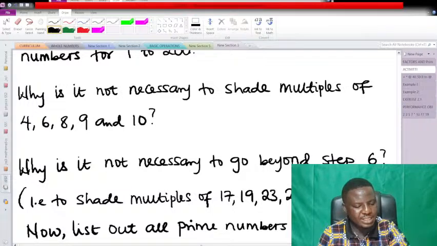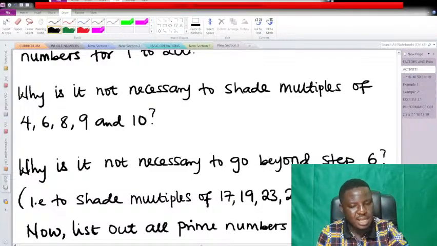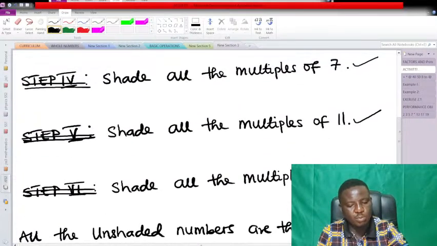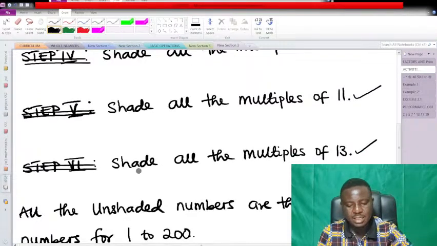Okay, if that is that, why is it not necessary to go beyond step 6? In the sense that I shaded up to step 6, which says shade all the multiples of 13. Why not include 17, 19, and the rest?